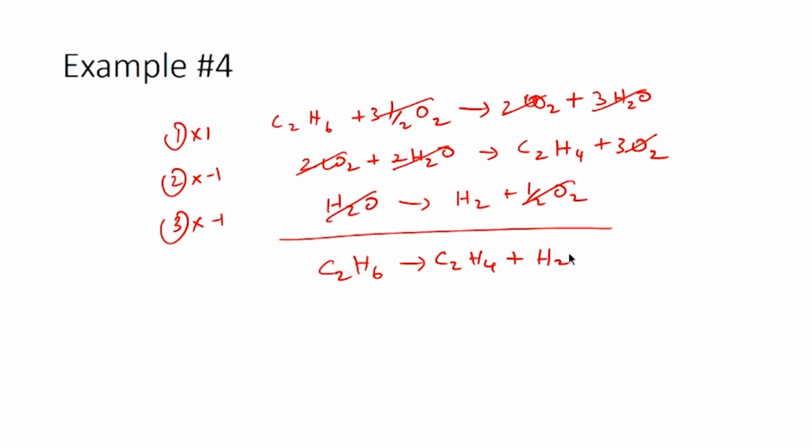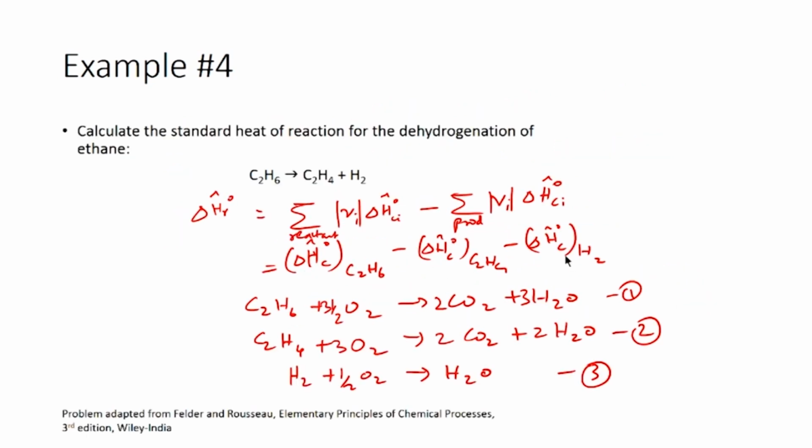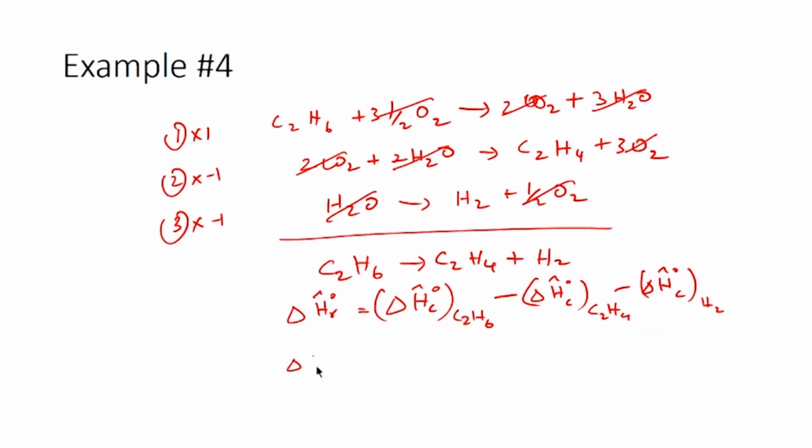The operation we did was 1 times reaction 1 minus 1 times reaction 2 minus 1 times reaction 3, which means your ΔH_R would be equal to the heat of combustion for C2H6 minus the heat of combustion for C2H4 minus the heat of combustion for hydrogen. This is the same as the equation which we have here, which was obtained from the equation given earlier.